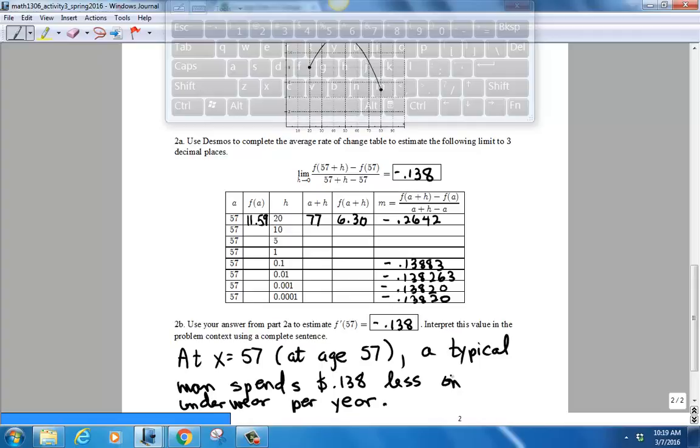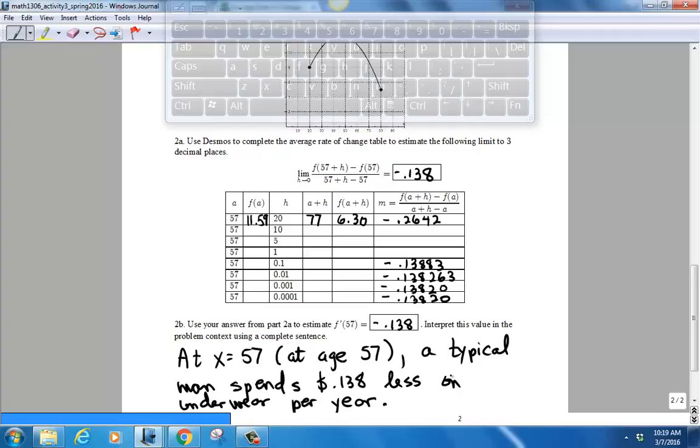By the way, this whole process now, remember, is referred to as calculating a limit or evaluating a limit. We're evaluating the limit of the slope of this secant line as the increment gets smaller and smaller, in other words, as the increment approaches 0. You can summarize that whole table, that whole process, with this particular notation.